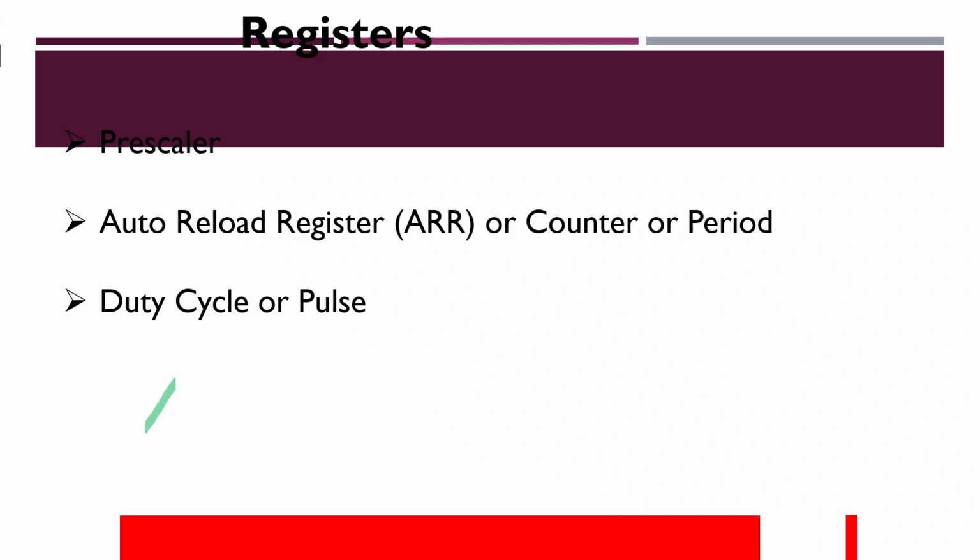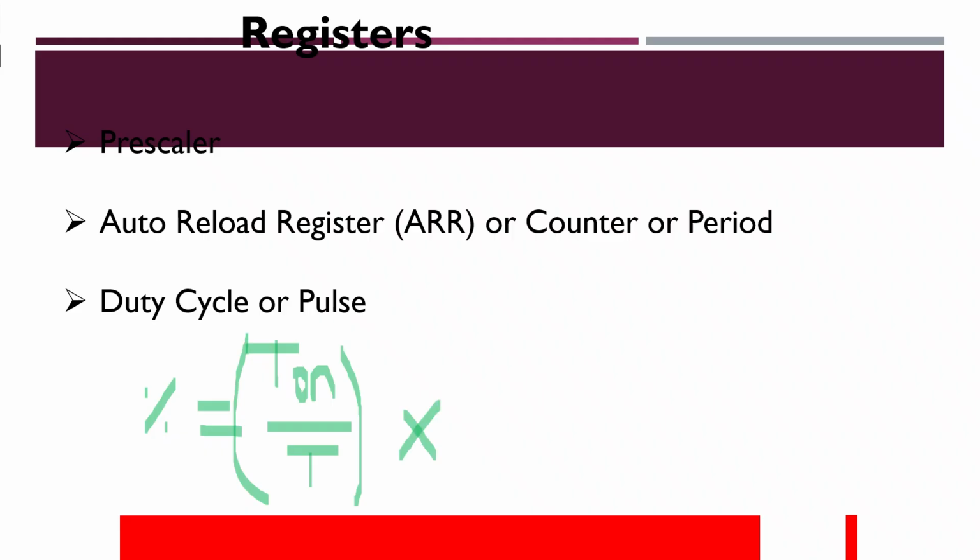see, duty cycle is actually the percentage which is equal to T on divided by T in the whole into 100.